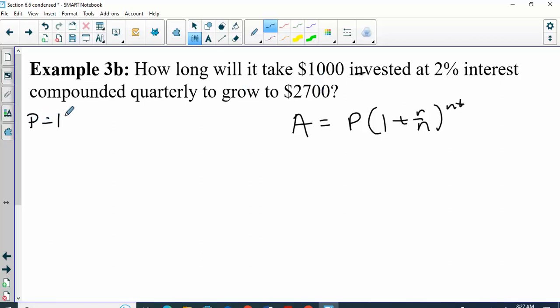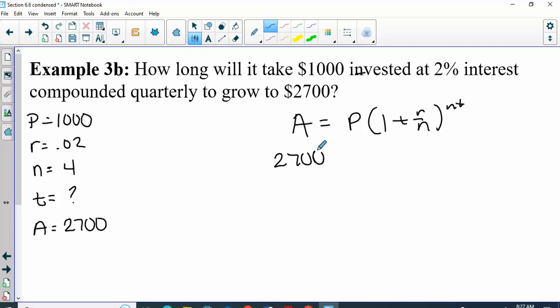That's my starting amount, my P. My rate is 0.02. My n, quarterly, 4. My time, you don't know. That's what we're looking for. My A, 2,700. Okay. That's good.